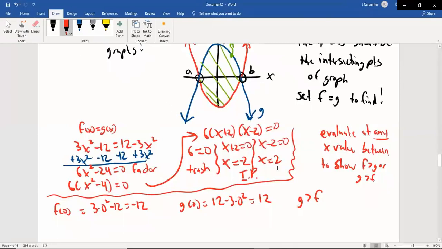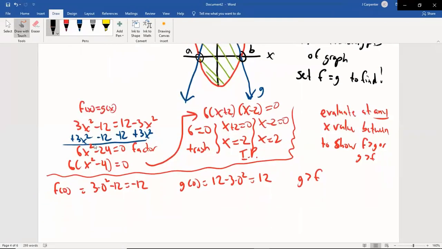All right, so that says the integral we need to do is g minus f, and we're going from -2 to 2. So we are finally to the point where we can say our integral is going to go from -2 to 2, and we've got to do the g of x function minus the f of x function.